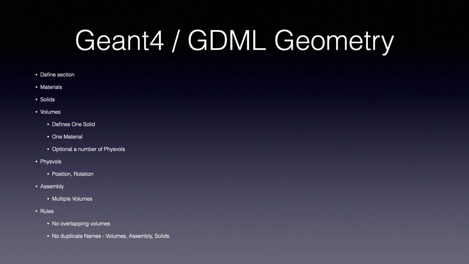Looking at the GDML geometry definition, you have a define section which defines various constants, positions and rotations. You have materials, which are quite different from FreeCAD's materials. These materials are defined in terms of their atomic properties. Solids, which I will talk about in the following slide. You have volumes.